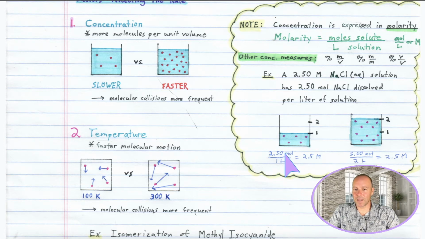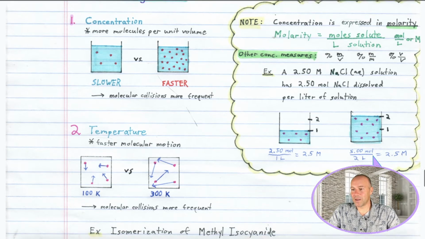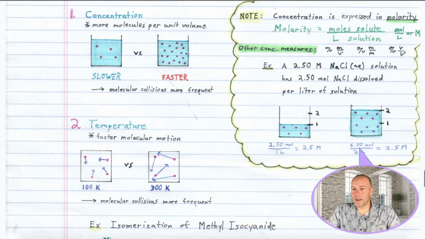And you can see if you take the 2.5 moles divided by the 1 liter, you get 2.5 M. And if you have 2 liters of solution with 5 moles of NaCl dissolved, then you can see 5 over 2 gives you 2.5 M again. So this has the same concentration as that. And you can see, this liter and the liter down there have the same amount of sodium chloride. So it's the same concentration.